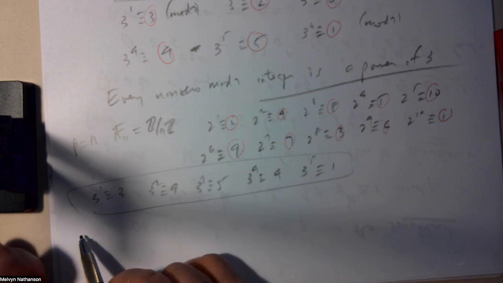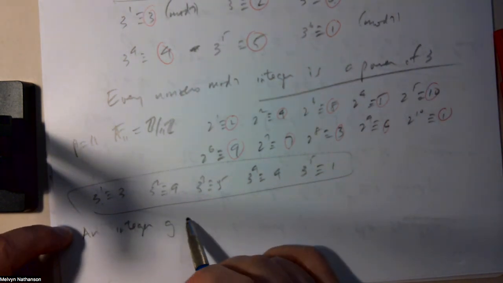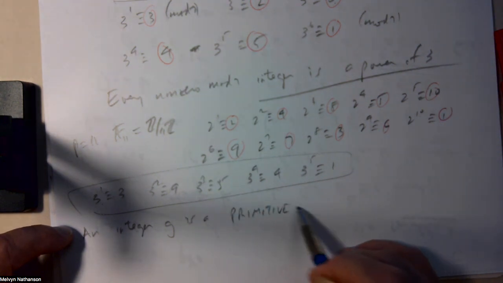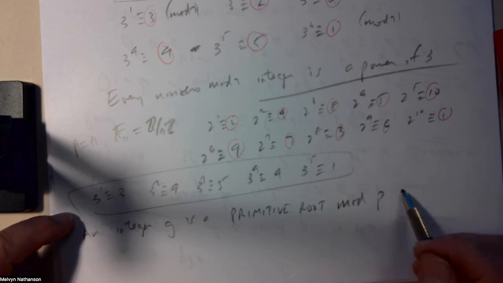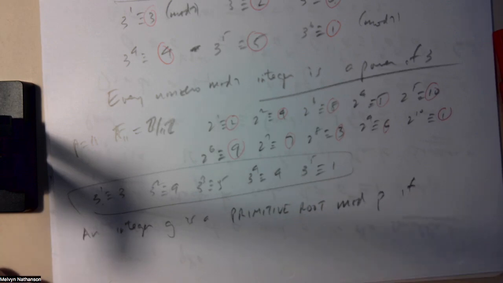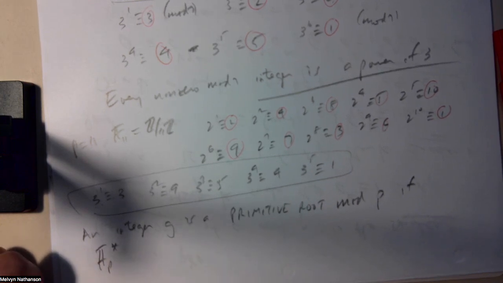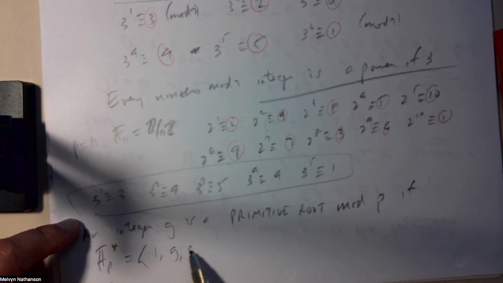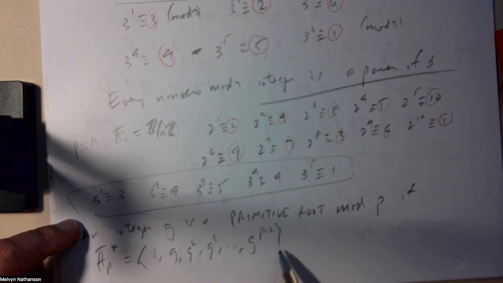And we say that an integer g is what is called a primitive root modulo a prime p if you look at all the non-zero congruence classes mod p, they're all powers of g. 1, g, g squared, g cubed, up to g to the p minus 2. g to the p minus 1 is 1.